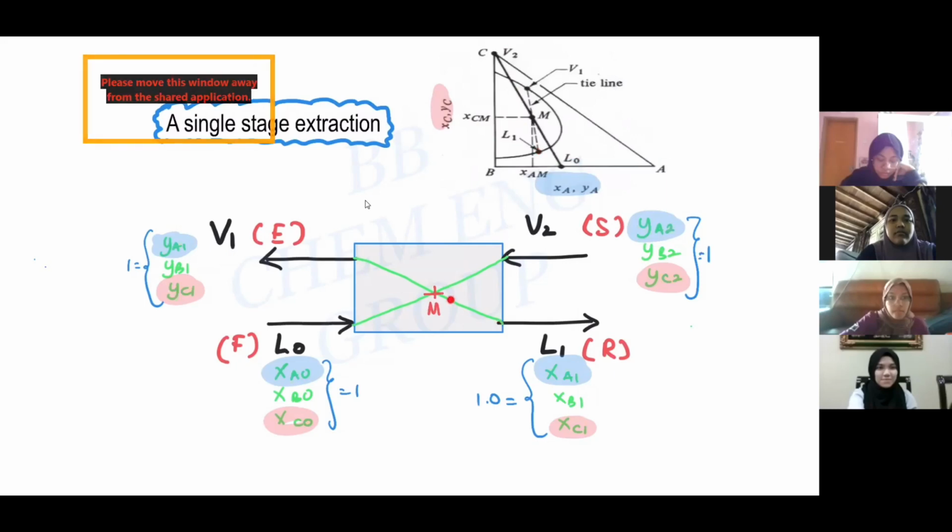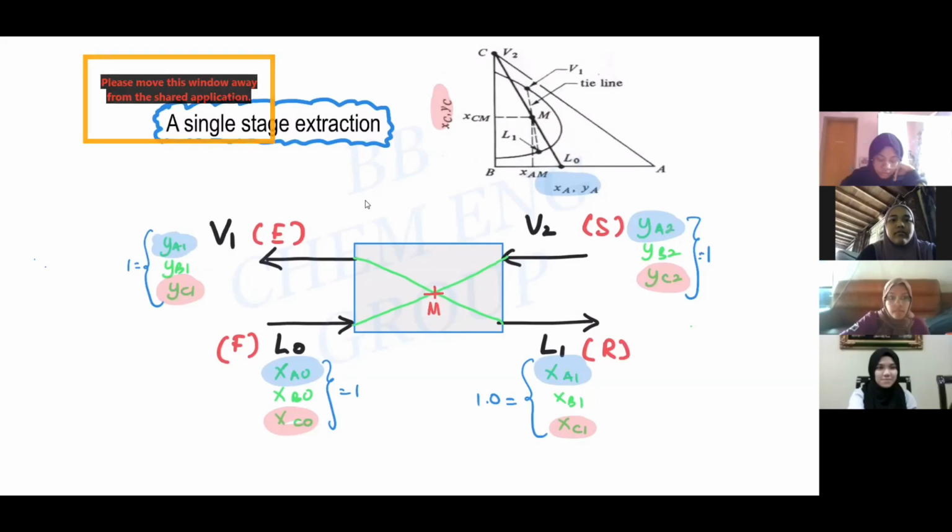Yeah, L1 to V1, or raffinate to your extract, is connected. So from the intersection of the two lines, you get the coordinates for your mixture. Just remember you need to cross these two lines to get your M.